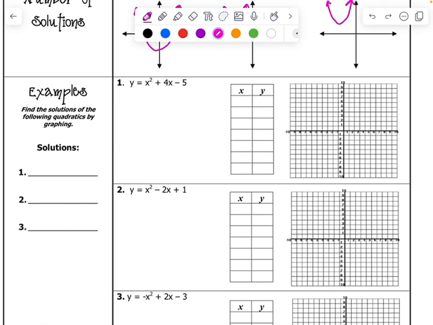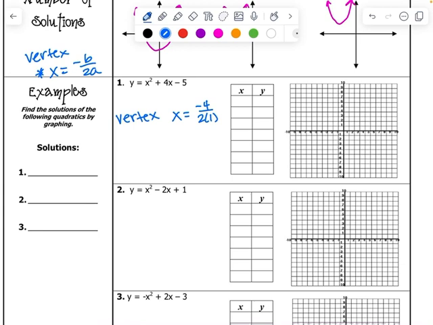Algebraically, that means, hey, when does y equal 0? Okay, so let's talk about graphing this function right here. We know to find the vertex, we need to take negative b over 2a. Maybe I'll just write this up here, negative b over 2a. Don't forget that we need to use that to find our vertex.